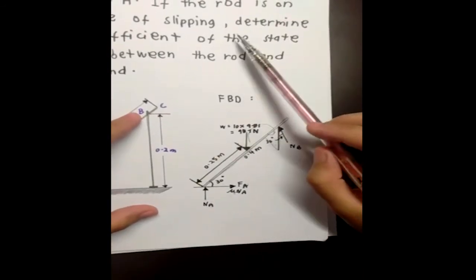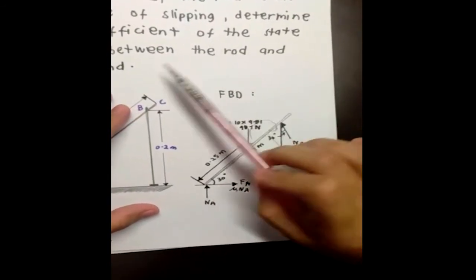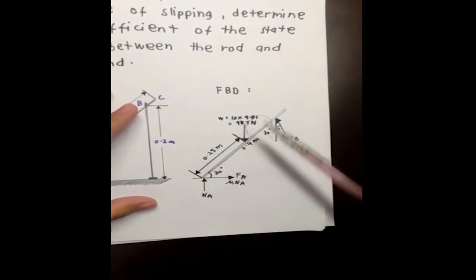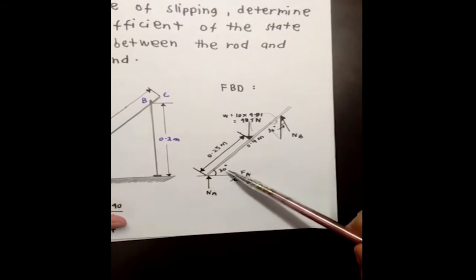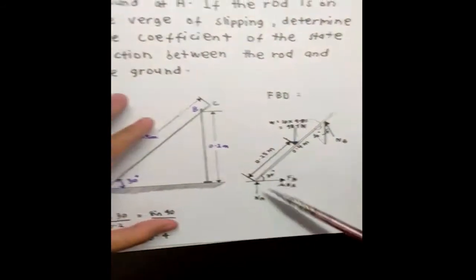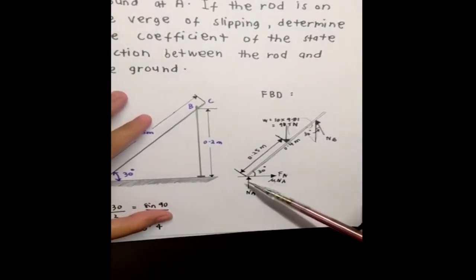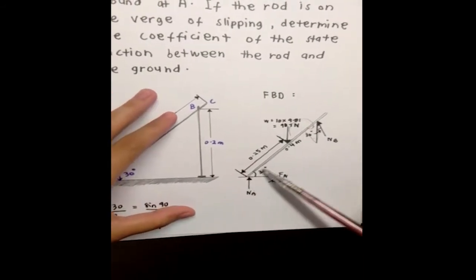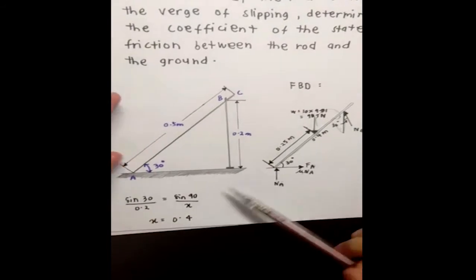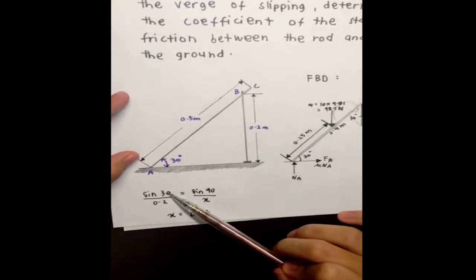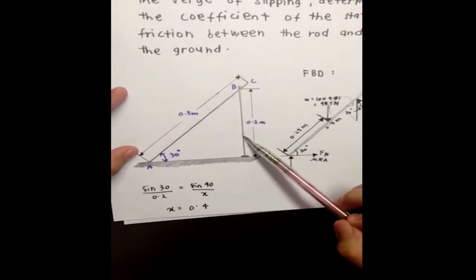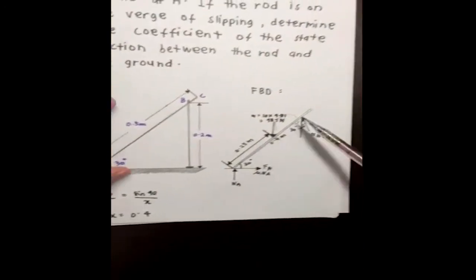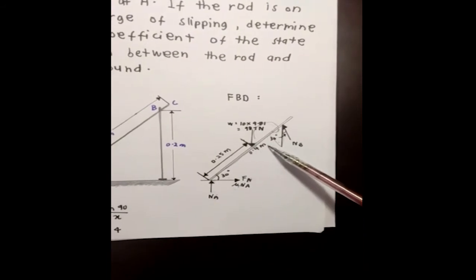As the question asks us to determine the coefficient of static friction between the rod and the ground, here is the rod and here is the ground. Here is the 30 degree theta, same as this, and here is the external load at point A, which is upward, and here is 0.4, which we get by using sine 30 over 0.2 equals sine 90 over x, so x is 0.4 meter.